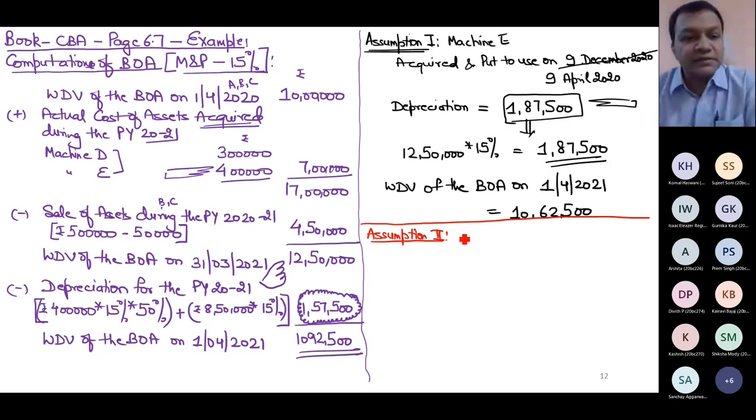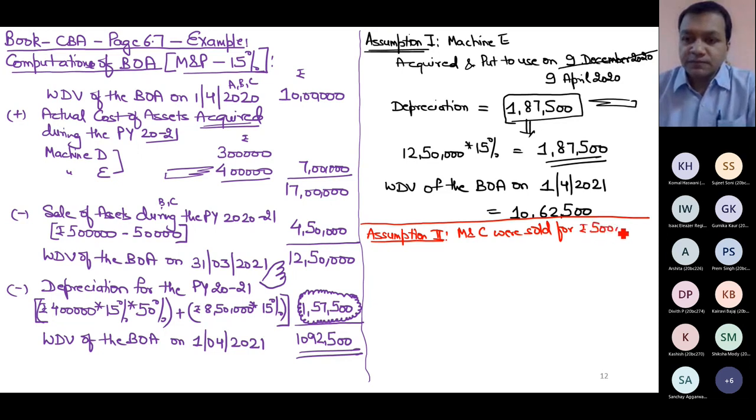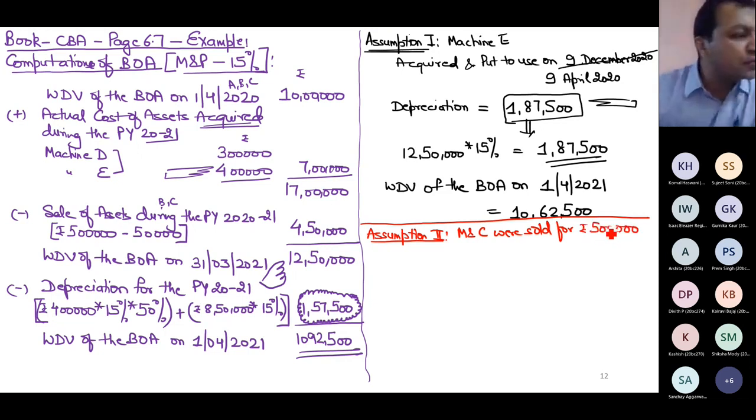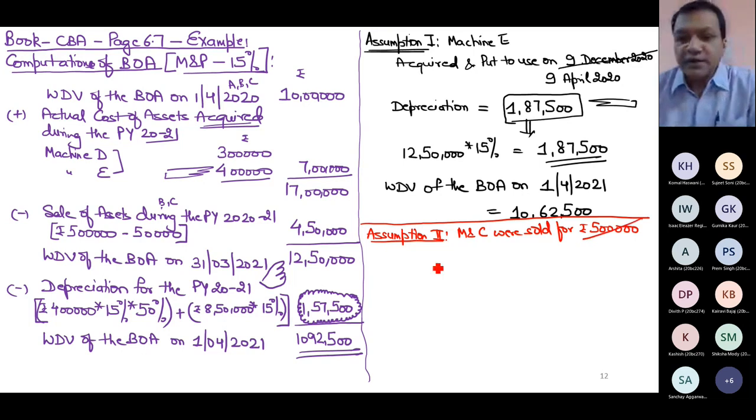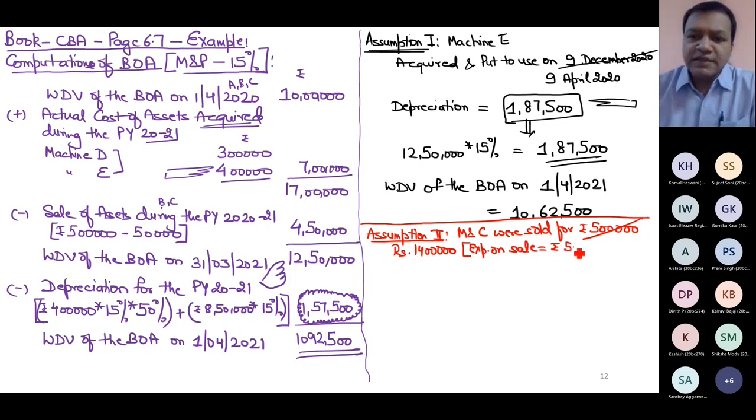Right now machine B and C were sold for how much? 5 lakh. But let us assume that these are not sold for 5 lakh. These are sold for 14 lakh. Of course, expenses on sale remain same. Still rupees 50,000.